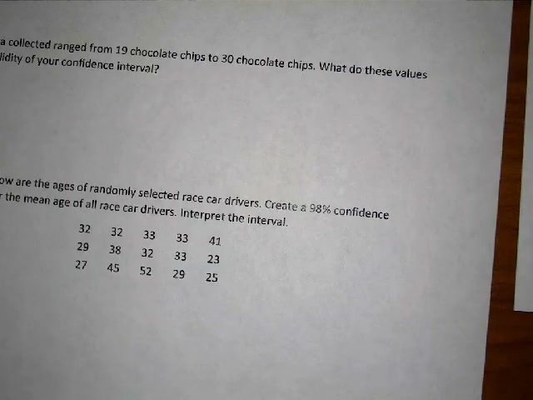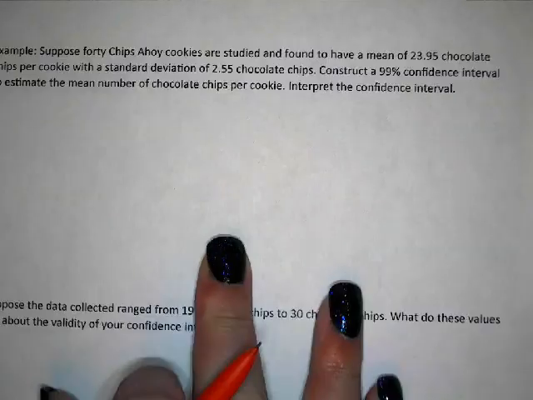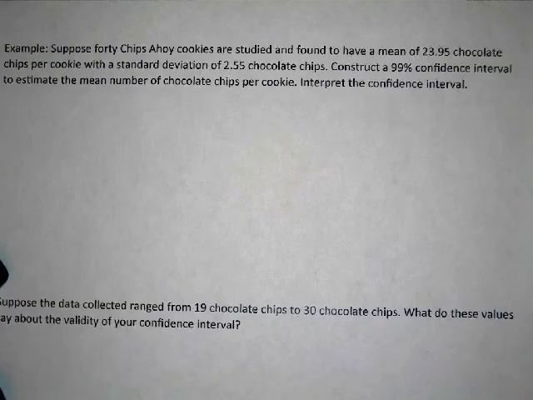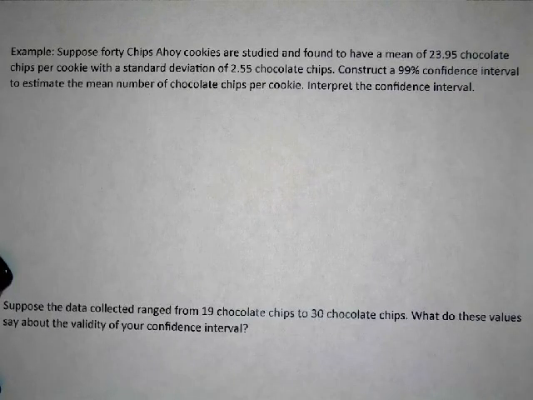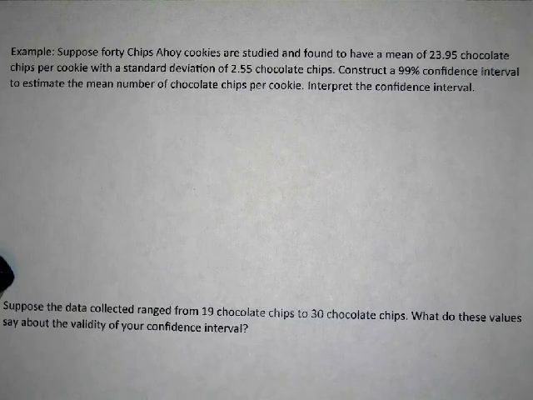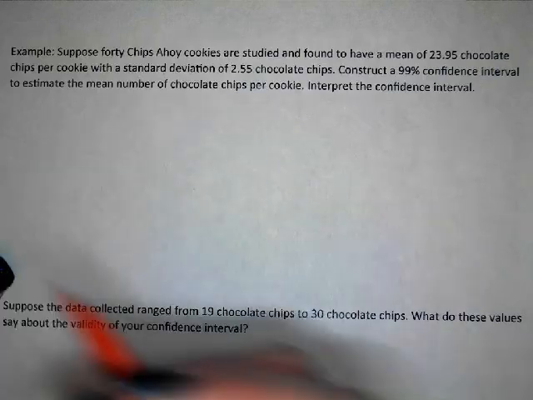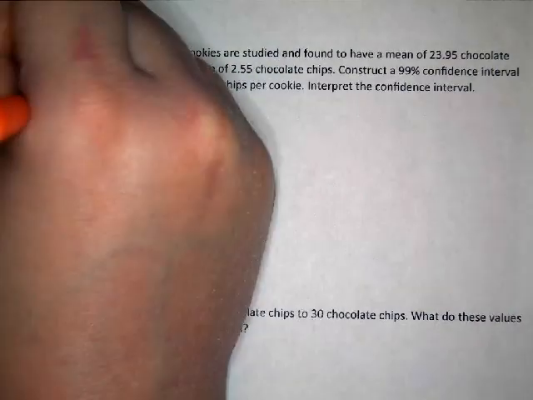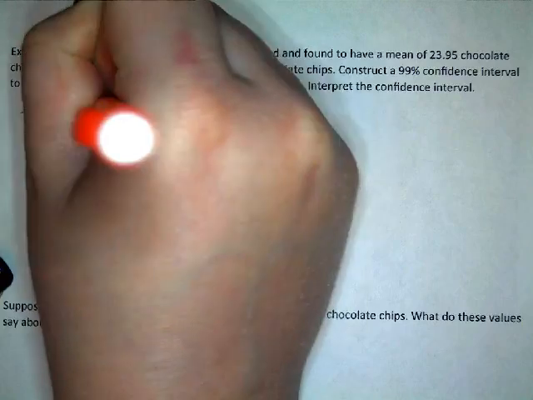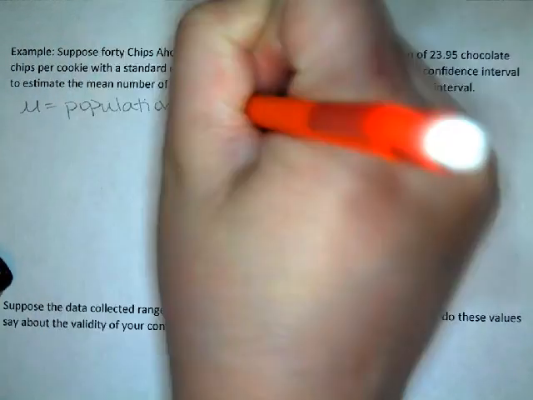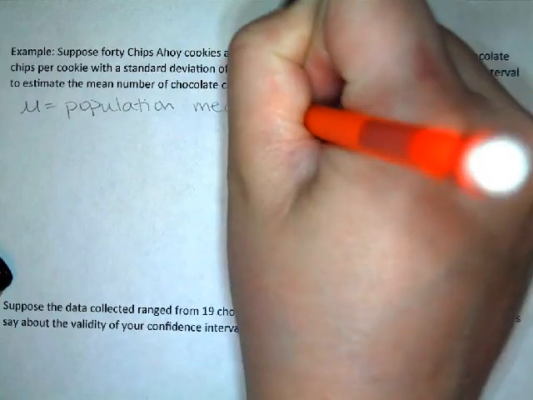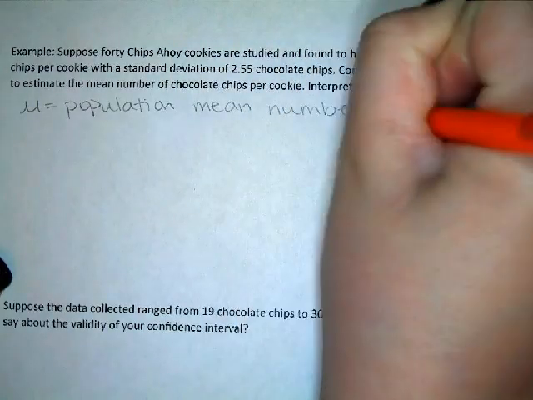This says, suppose 40 Chips Ahoy cookies are studied and found to have a mean of 23.95 chocolate chips per cookie and a standard deviation of 2.55 chocolate chips. Construct a 99% confidence interval to estimate the mean number of chocolate chips per cookie, and then interpret the confidence interval. So mu is the population mean number of chocolate chips per cookie.